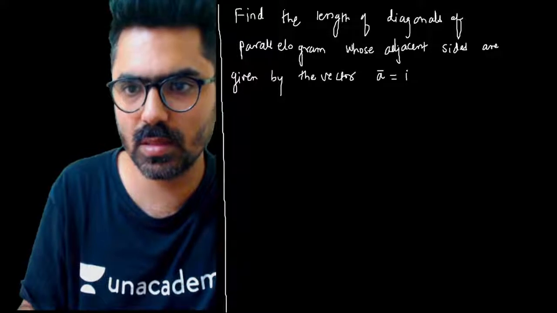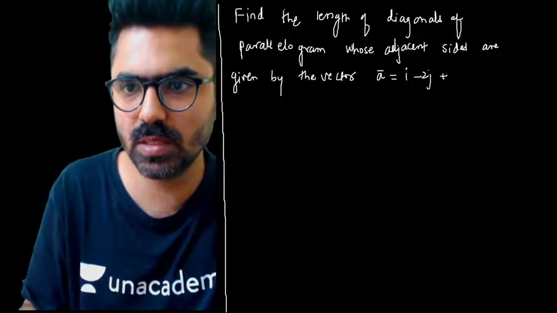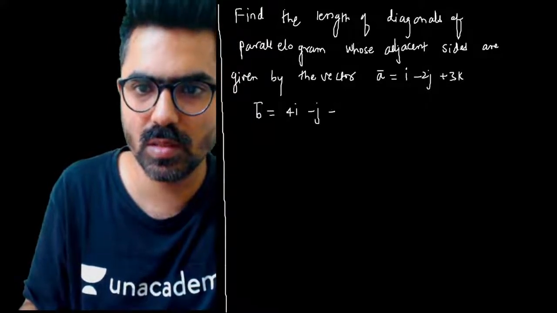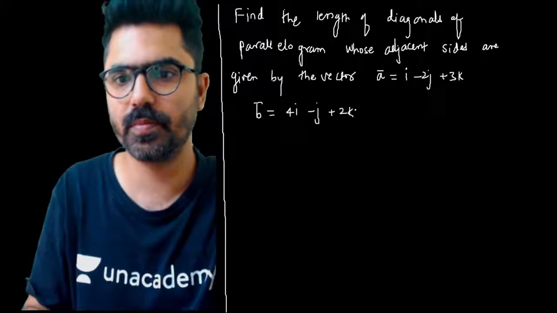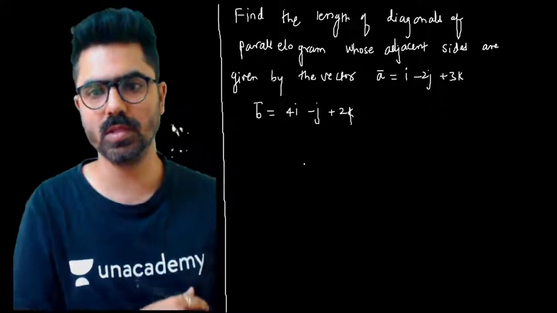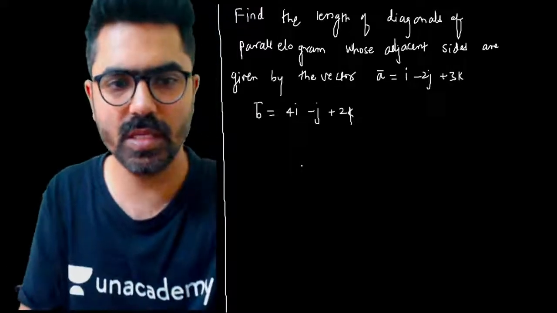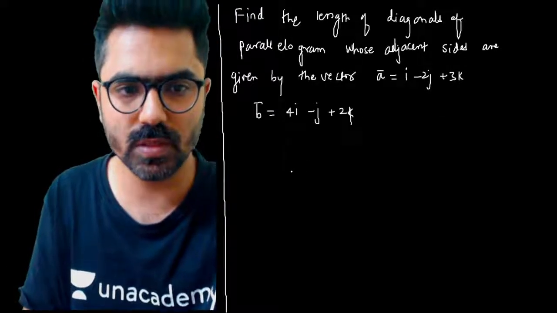A vector as i minus 2j plus 3k, and B vector as 4i minus j plus 2k. So these are the adjacent vectors given to us.